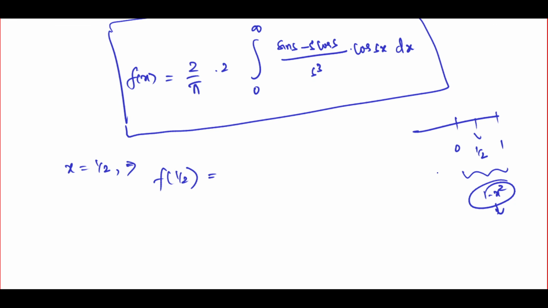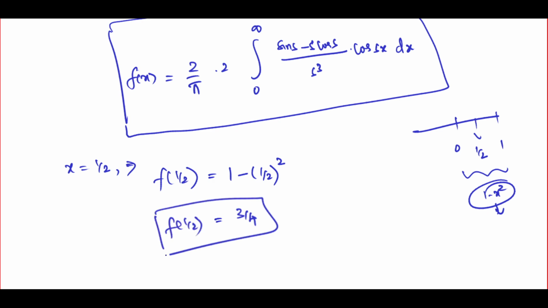The function is actually continuous here. So the f value can be found just by substituting x equal to 1 by 2 in f. So the f value at this point is 1 minus x square, which means 1 minus 1 by 2 whole square, correct? So this is 1 minus 1 by 4, which is 3 by 4. So the f of 1 by 2 value was 3 by 4.